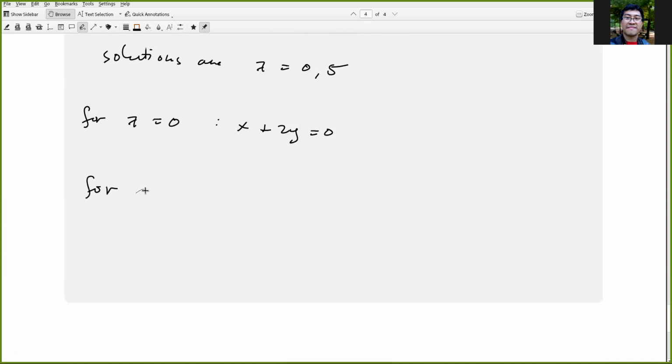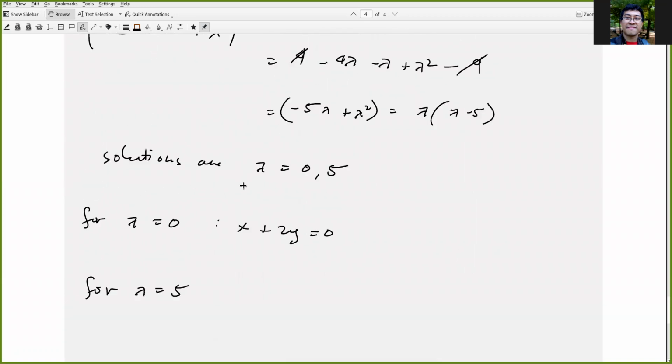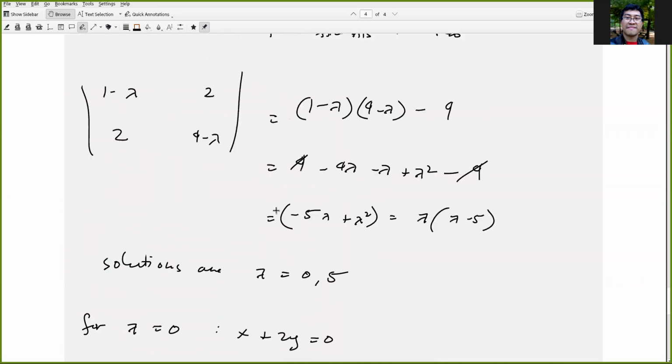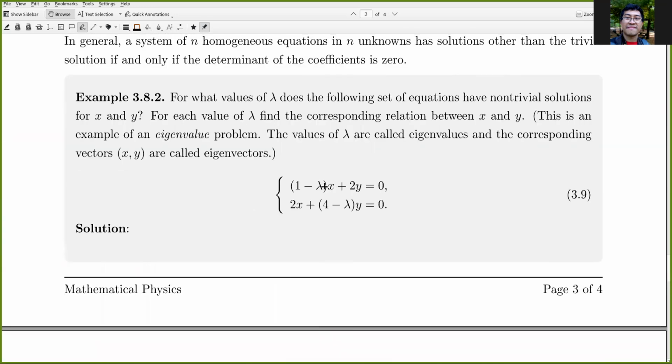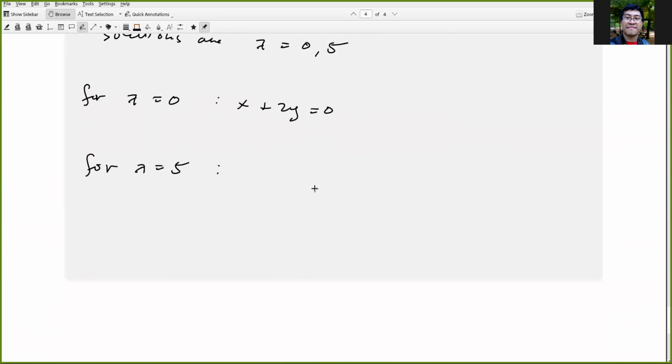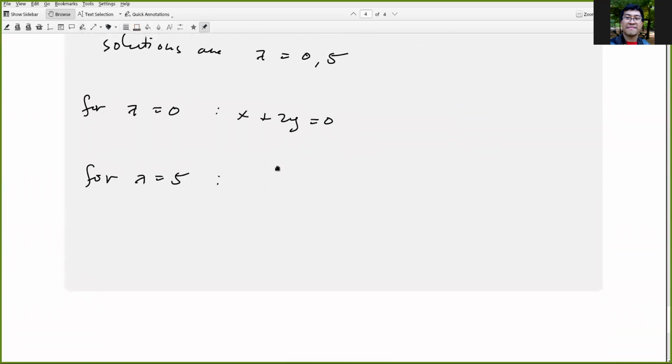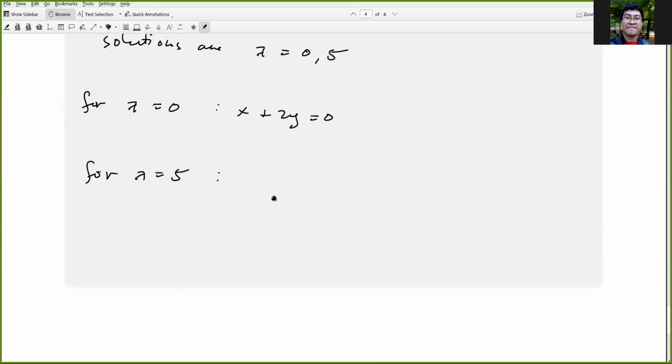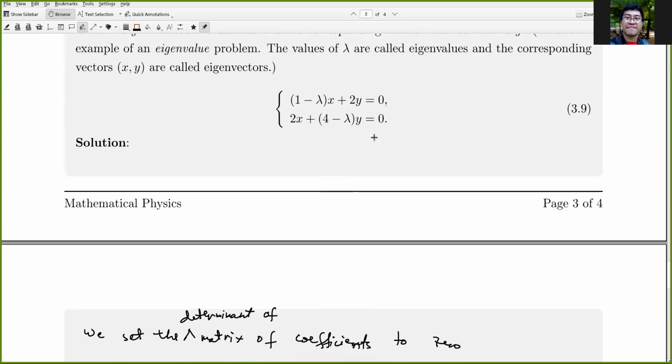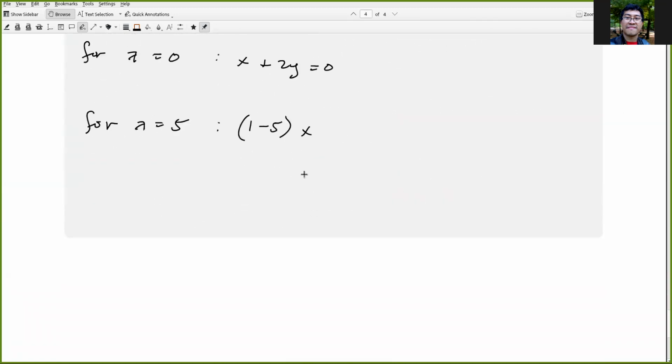For lambda equals 5, you set lambda to 5, you have 1 minus 5 times x plus 2y equals 0.